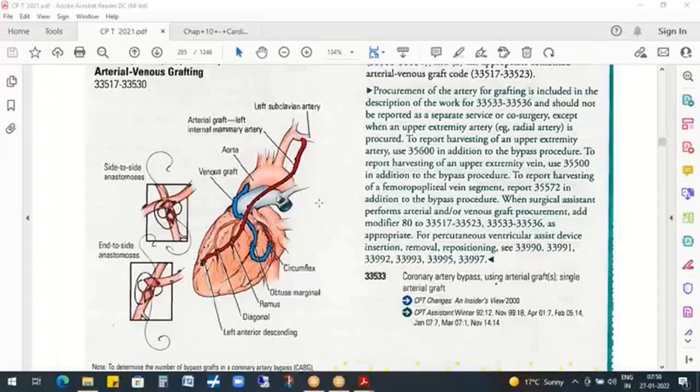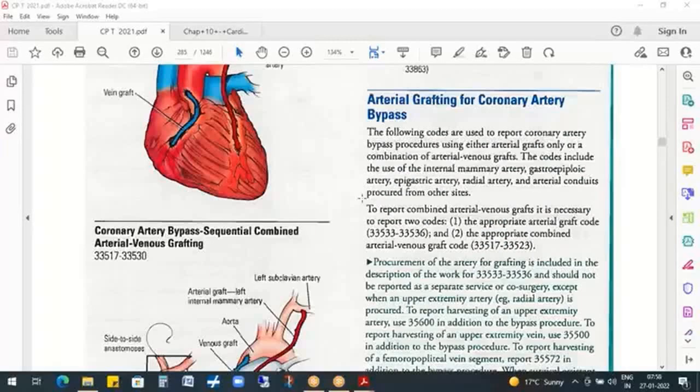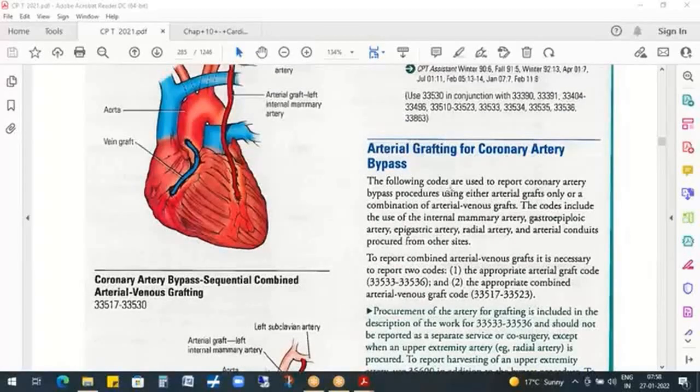Okay. Now again here, what are the arteries that can be harvested? Arterial grafting for coronary artery bypass. You can see the first paragraph, page number 259. Arterial grafting for coronary artery bypass is there.